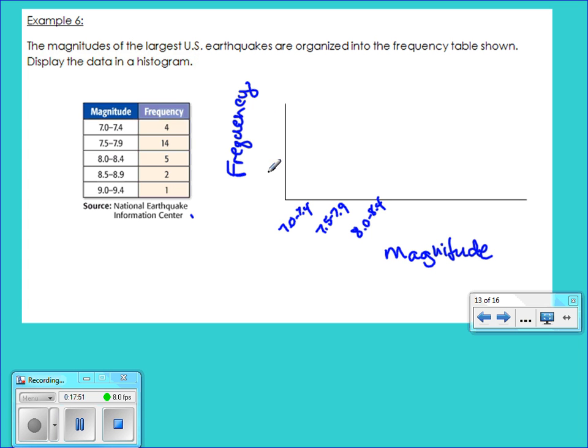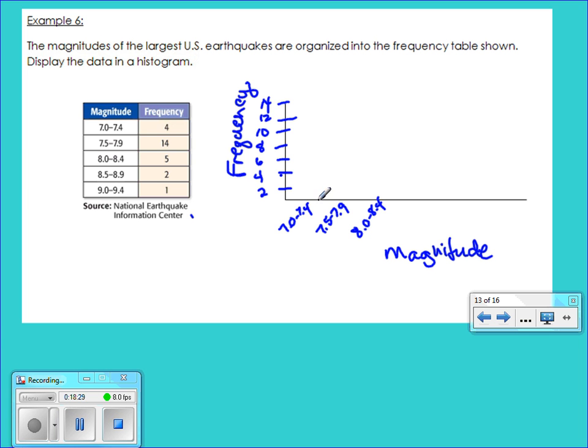Most of the time on your y-axis, you're going to want to count in a pattern: 5, 10, 15, 20, or 1, 2, 3, 4, 5, or 2, 4, 6, 8, something like that. In fact, since we're going up to 14, and it's got a kind of short line here, I am going to go 2, 4, 6, 8. And then you're going to go ahead and draw in your bars, and you're going to make them touch for each interval.